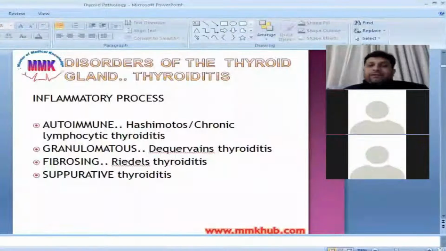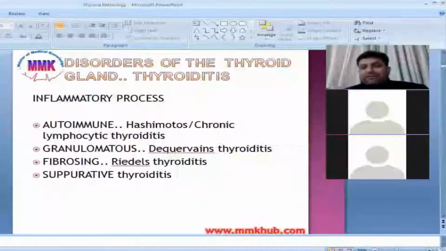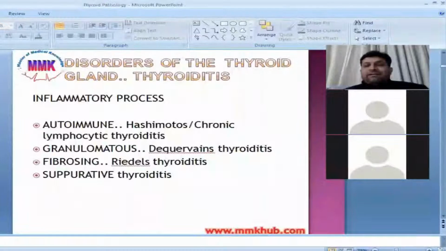The second disorder of the thyroid gland is thyroiditis. Whenever there is the term itis at the end of a term, it means an inflammatory process. In thyroiditis, there is an inflammatory process of the thyroid gland. That inflammatory process may be autoimmune inflammation.